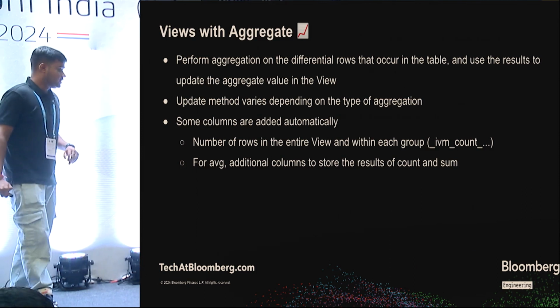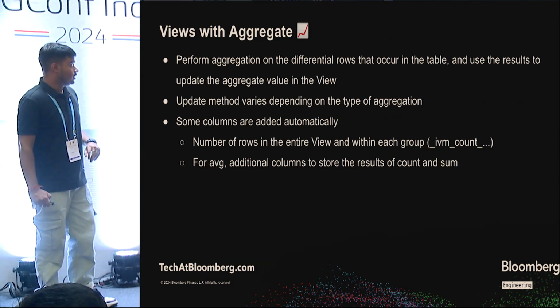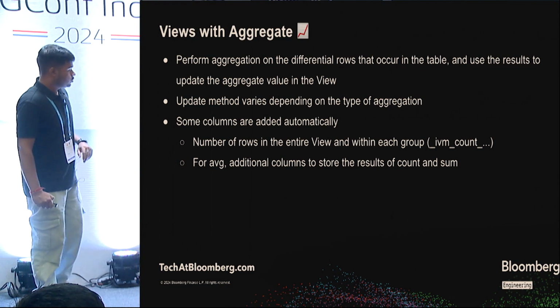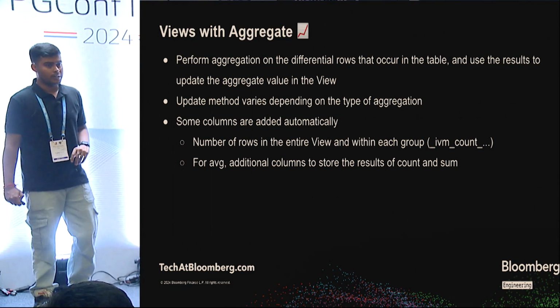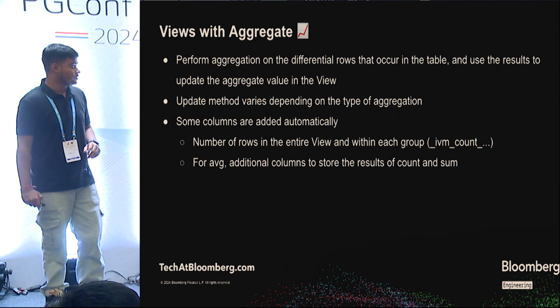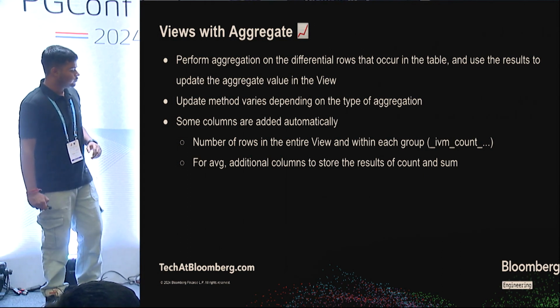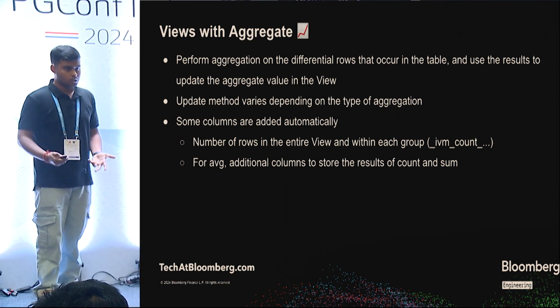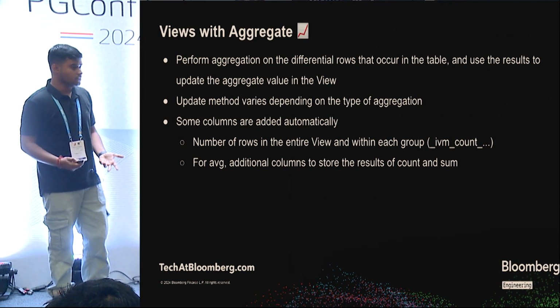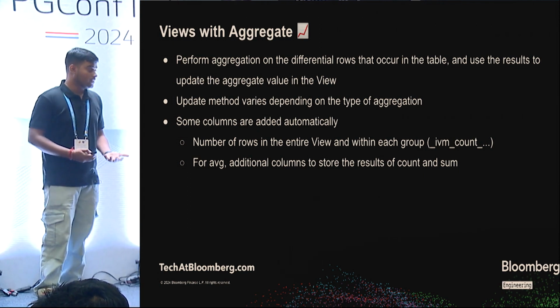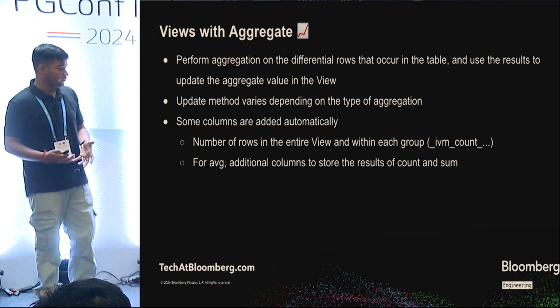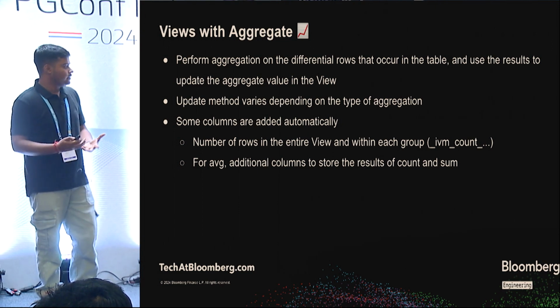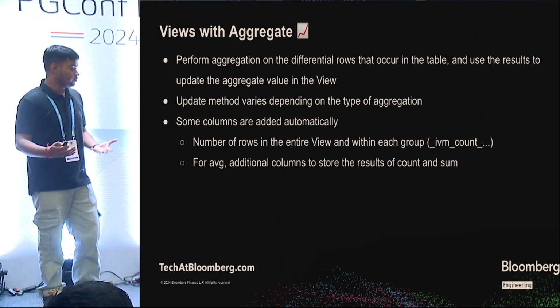Another edge case of PGIVM that we can discuss is handling of aggregate functions. PGIVM does support all the built-in aggregate functions, and whenever an update is made on the rows, PGIVM only applies the aggregate function on the rows that were affected, gets the result, and then applies the update to our view.